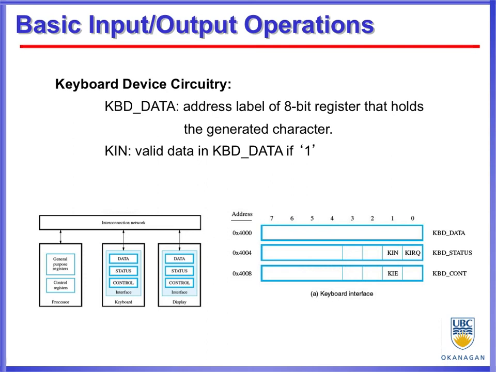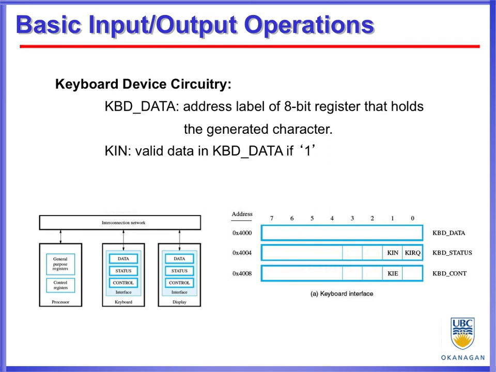They're not part of the memory unit itself. Physically, they're registers on board the keyboard, but they're given unique addresses that are part of the address space of the computer. So in this example, 4000 is the address for your keyboard data, 4004 for the status, 4008 for the control register. Okay?